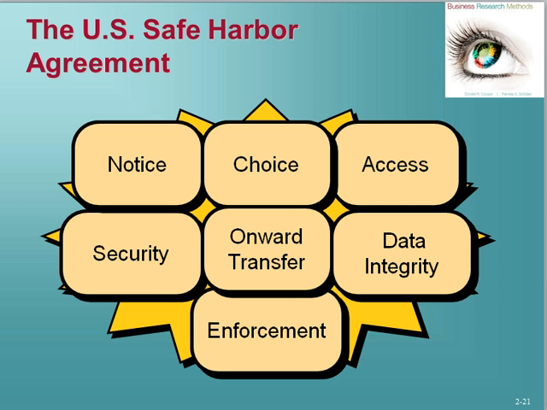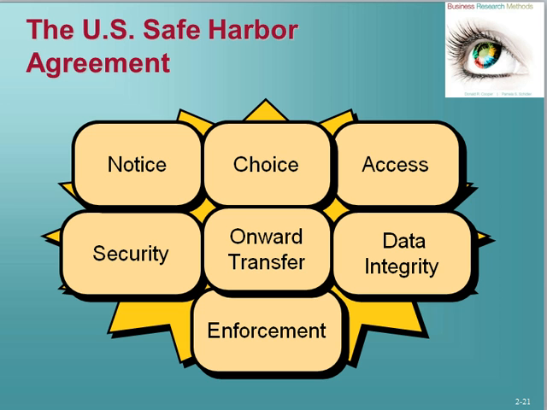Number 5, onward transfer. Companies disclosing personal data to a third party must adhere to the notice and choice principles. A third party must subscribe to the safe harbor principles. Number 6, data integrity. Reasonable steps must be taken to ensure that data collected are reliable, accurate, complete, and current.